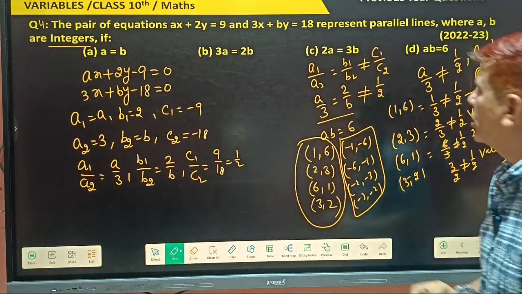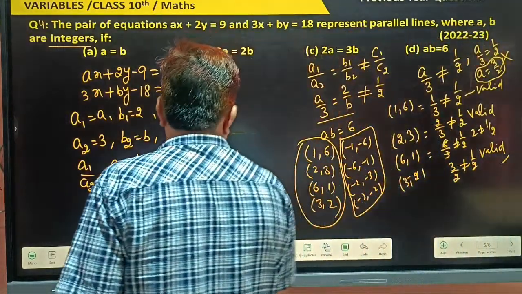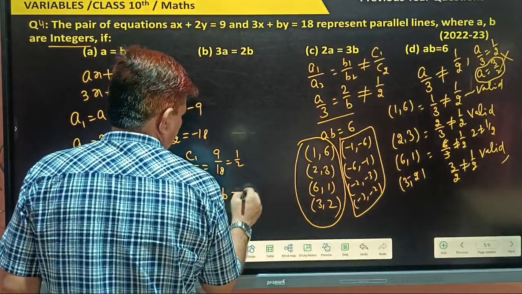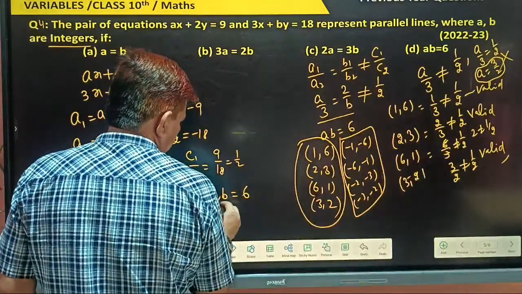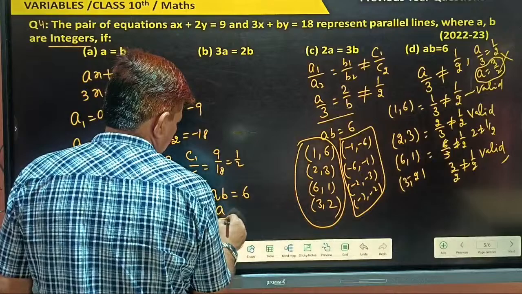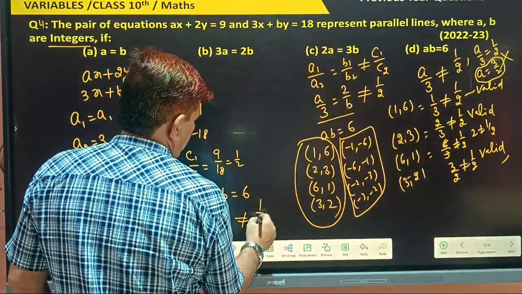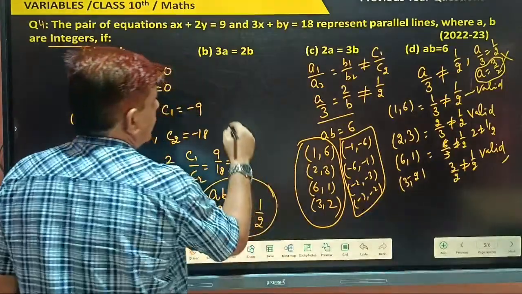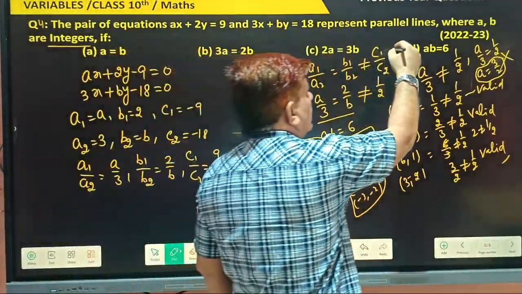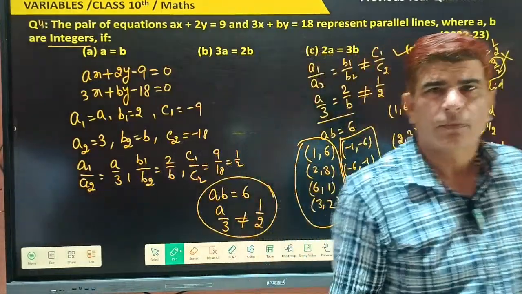So what is the condition? The condition is AB equal to 6 and A by 3 is not equal to 1 by 2. This is your answer. Understood?